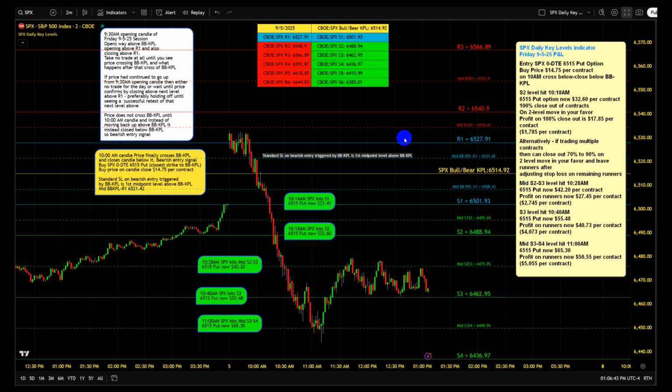With this indicator, you can refine your trading process and transform your trading game today, enabling you to make more informed decisions and increase your chances of success in the fast-paced world of SPX 0DTE options.